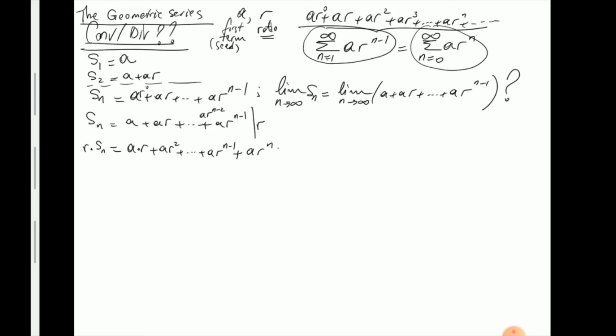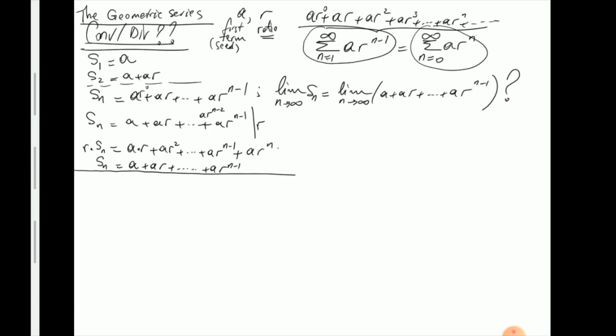And once again, the original Sn was a plus ar plus dot dot dot all the way up to a r to the n minus 1. Make sure you pause to catch up on all these computations.